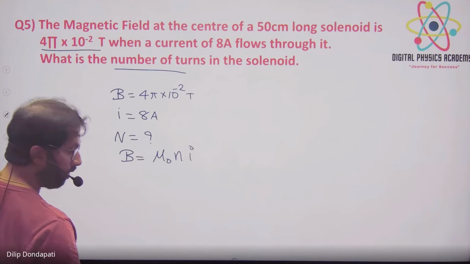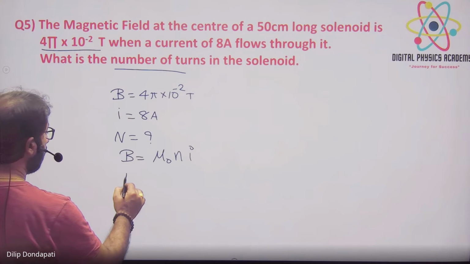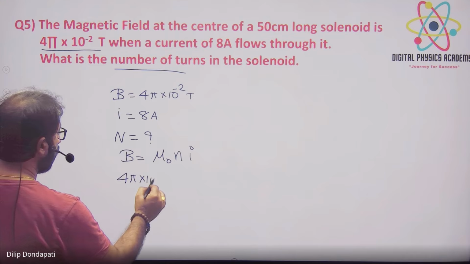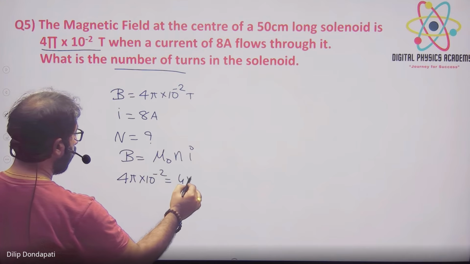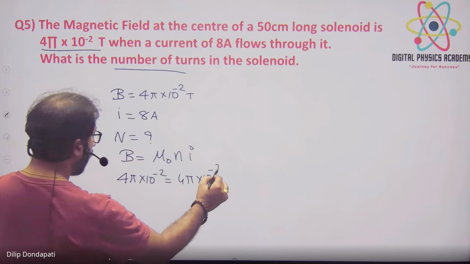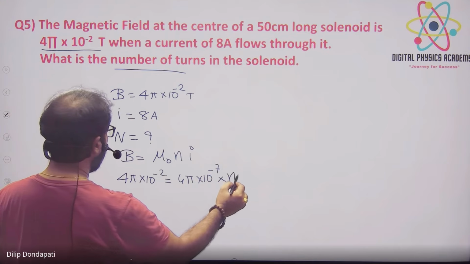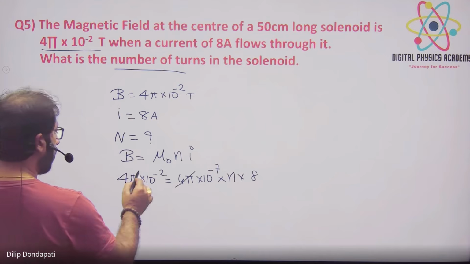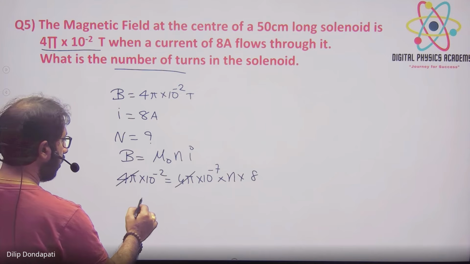So 4 pi into 10 power of minus 2 is equal to 4 pi into 10 power of minus 7 into n into I, which is 8. So 4 pi cancels, and we get n equal to 10 power 5 by 8. Small n is number of turns per length, N by L, right?